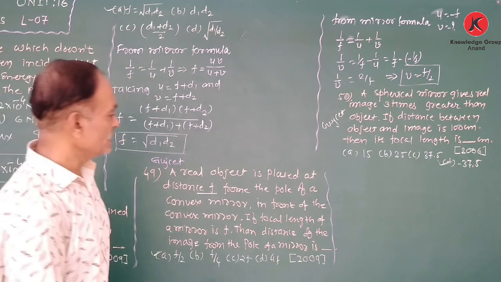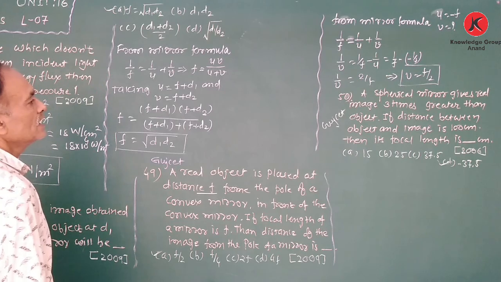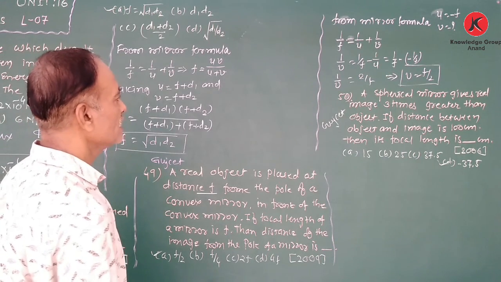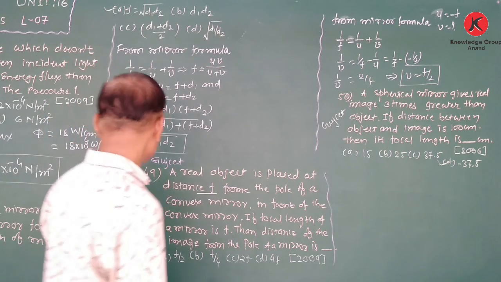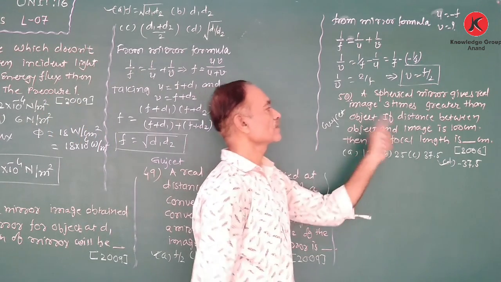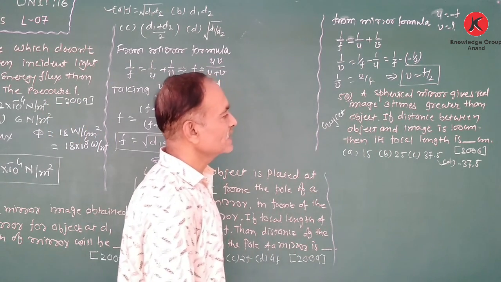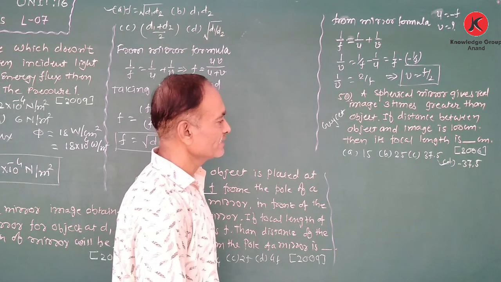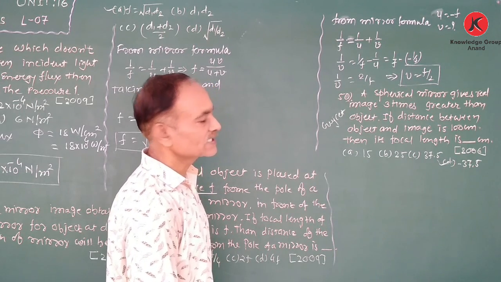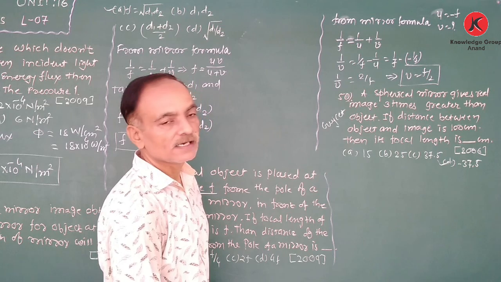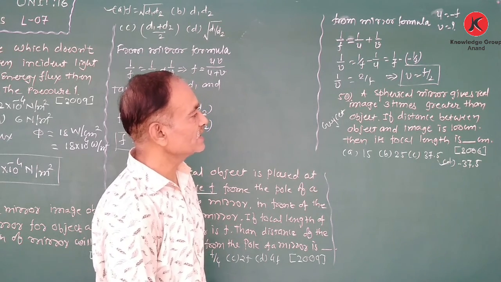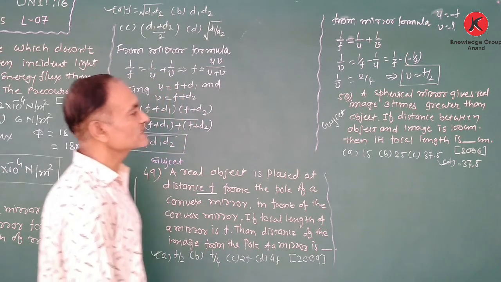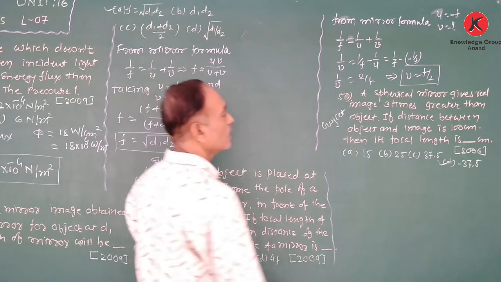Now next numerical: a spherical mirror gives a real image 3 times greater than the object. If the distance between the object and image is 100 centimeter, then what is the focal length of the mirror? The spherical mirror gives a real image 3 times greater than the object.